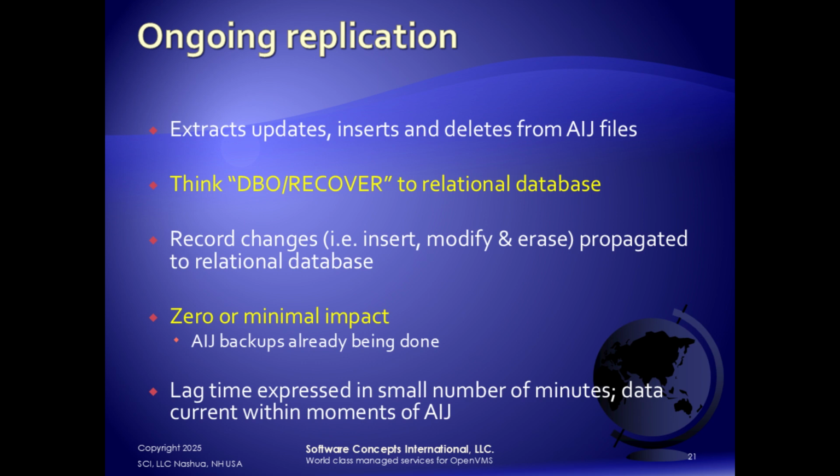And again, we're not touching the production database, so there's no impact. The lag time between when the transactions occur in the production database and when they're reflected in the relational database depends on the cadence at which you perform the AIJ backups.